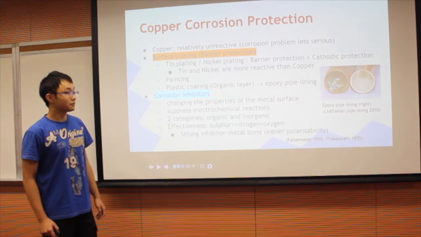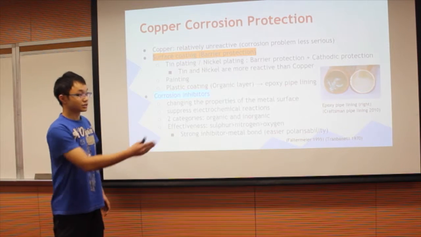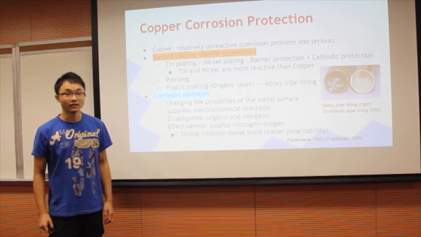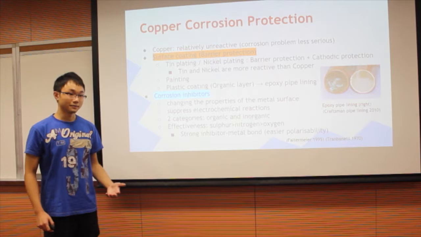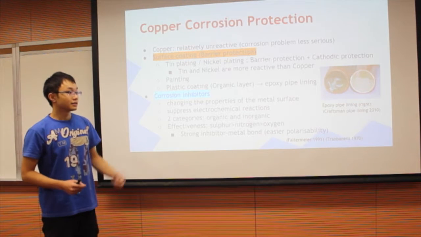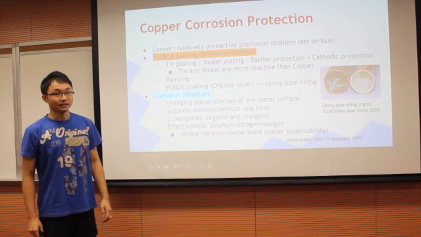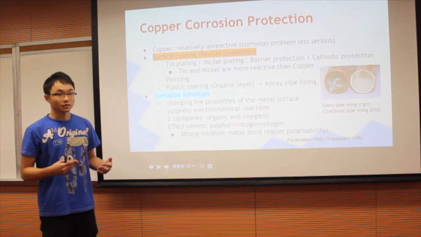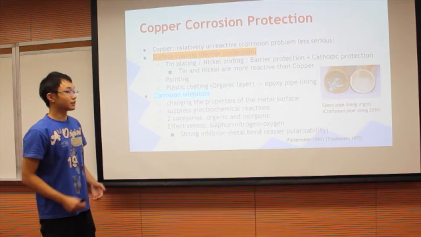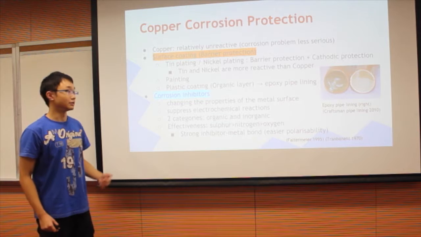For example, the epoxy pipe lining, which is shown on the right of the picture, is for the copper water pipe. When a layer of plastic is placed in the inner layer of the copper, the water is less likely to contact with the water pipe, and the corrosion can be reduced.